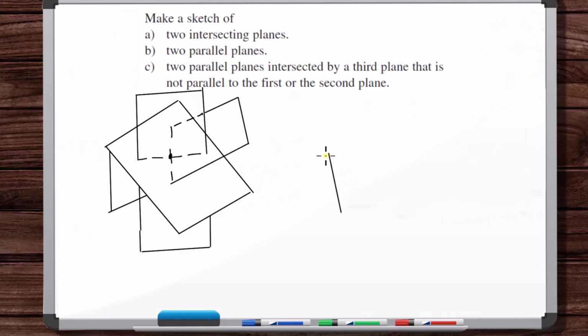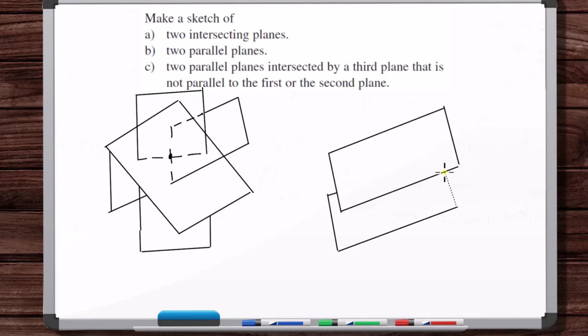All right, now let's do two parallel planes. So there's one, and then there's another. They extend infinitely in all directions. They never intersect. Now, consider two parallel planes intersected by a third plane that is not parallel to the first or the second plane.